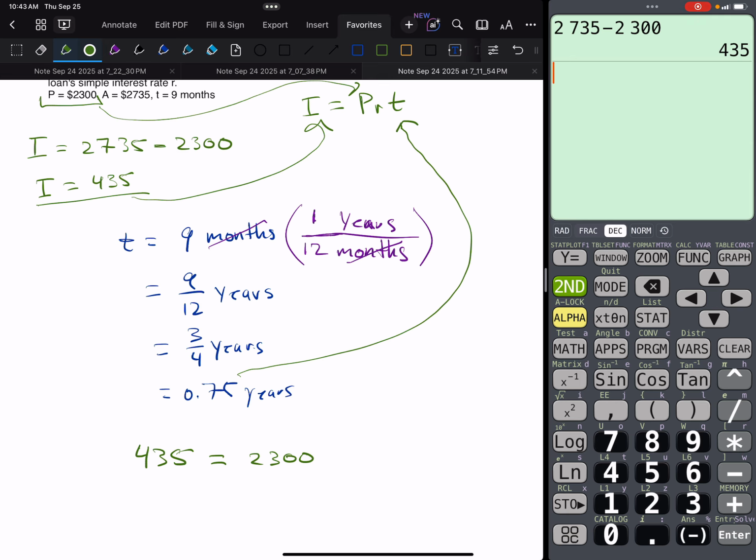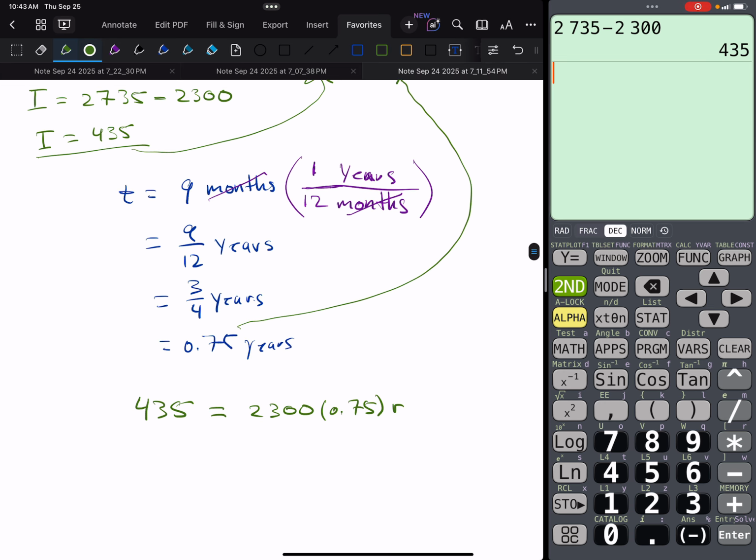And I'm going to reorder this a little bit just because I have a number for T and I don't have a number for R. So I'm going to multiply that by 0.75 years, and then I'm going to multiply that by my rate. Let's go ahead and do the 2,300 times 0.75. That'll give me 1725. So I have 435 equals 1725 times R.